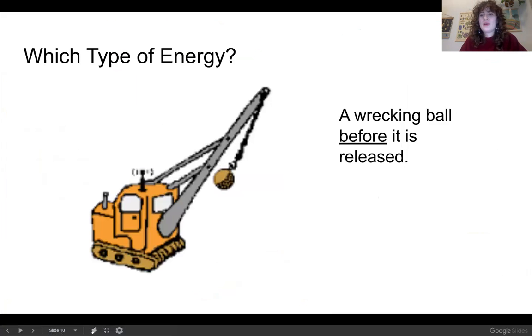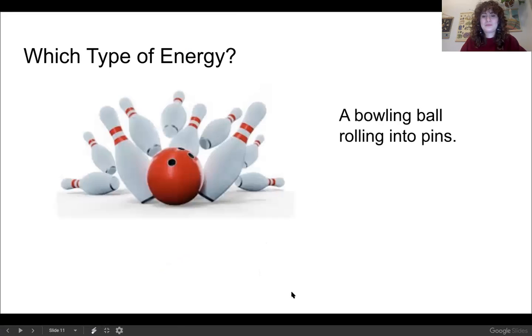All right, so let's test your knowledge before you do your own practice. Which type of energy is a wrecking ball before it's released? The answer to this one is that it's gravitational potential energy. It's being held up. It can swing down because of gravity, so it's being stored since it's before it's released.